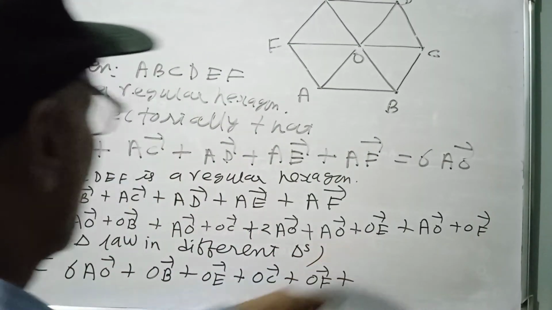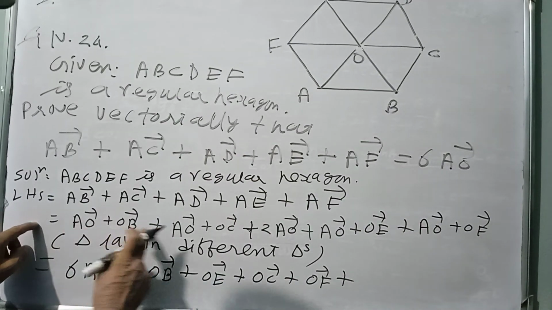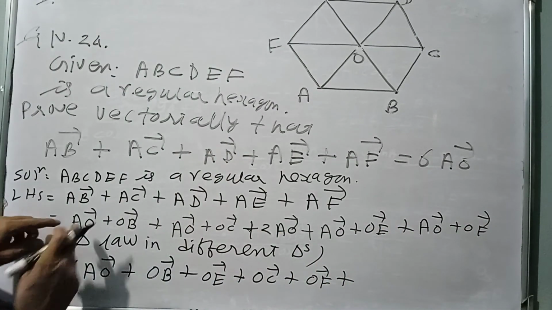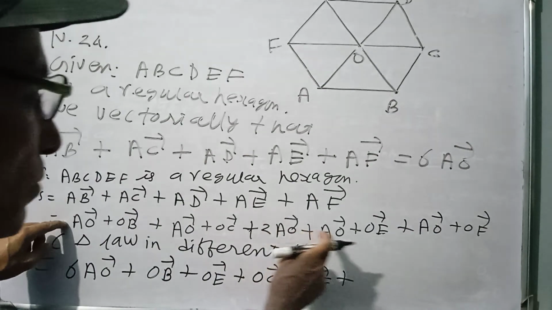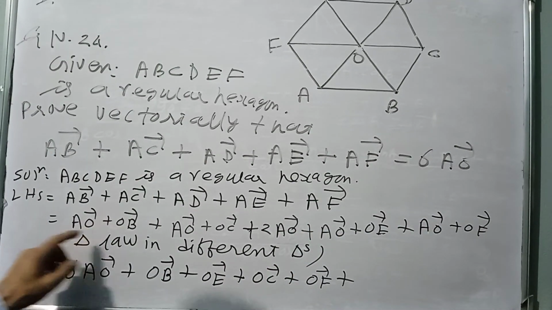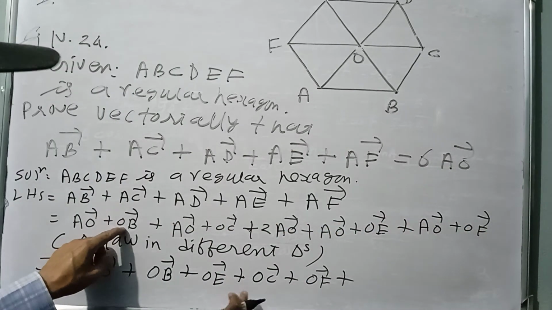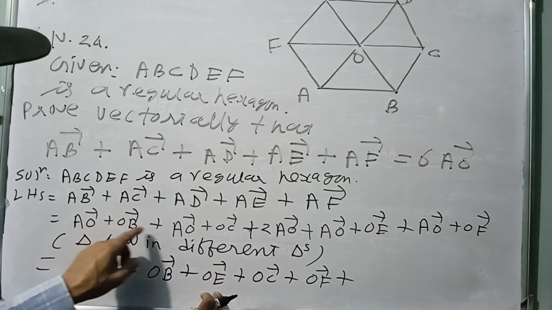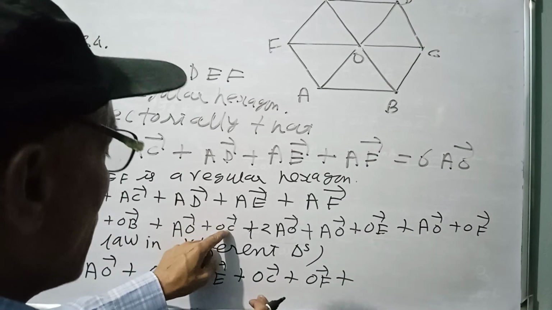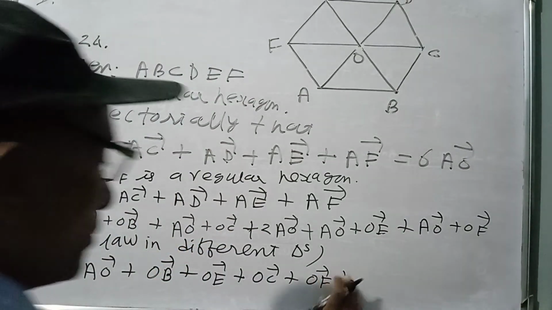Look at how many are left: out of the 9 terms, OB, OE, OC, OF after AO, nothing is left.